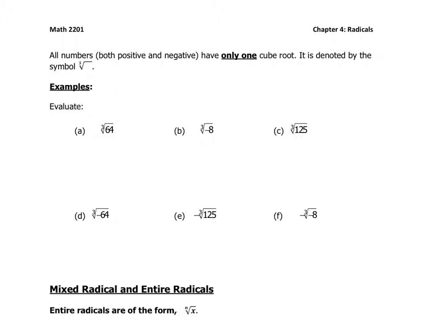So we're going to do a few questions here now. First one, evaluate. The cube root of 64 would be 4, since 4 times 4 times 4 is 64. And the cube root of -8 would be -2, since -2 times -2 times -2 is -8.